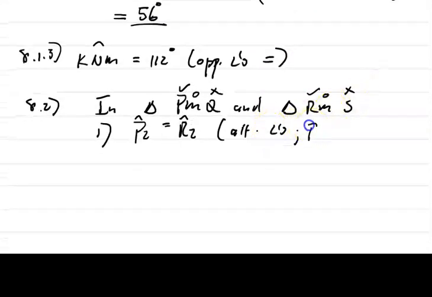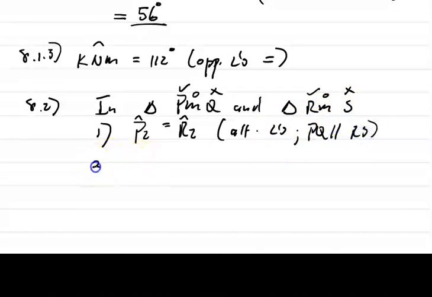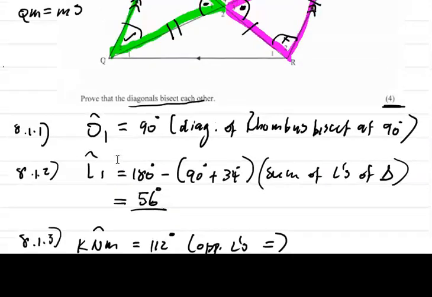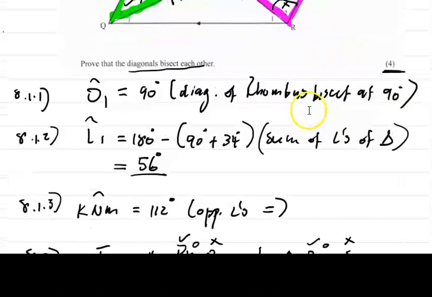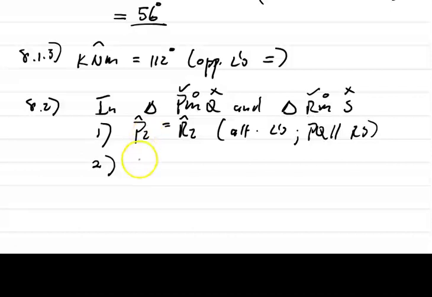Statement number 2, I'm going to write that PQ is equal to RS, opposite sides equal.